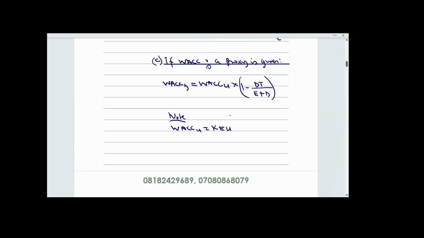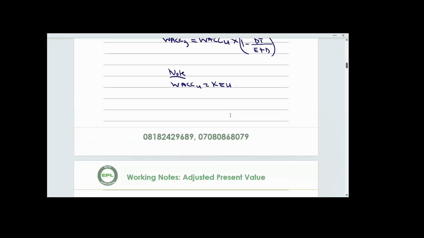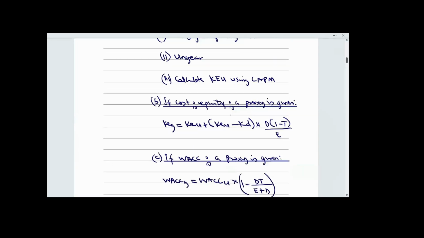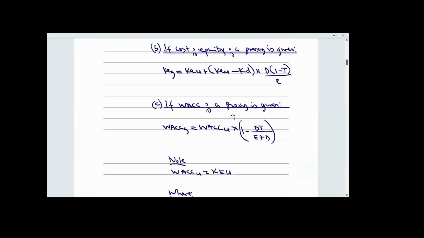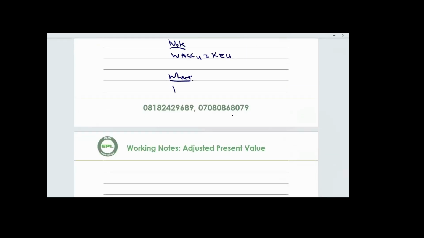All right, let me just define the variables. Let me start from the beginning. We started with KEG. This is the cost of equity of a geared company.